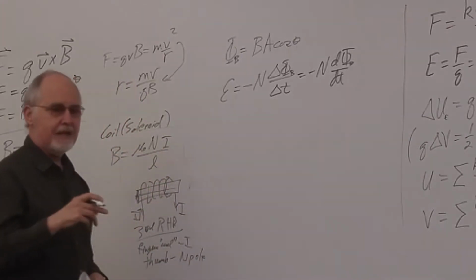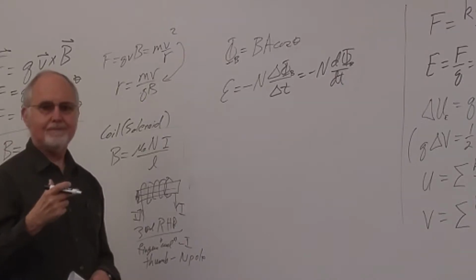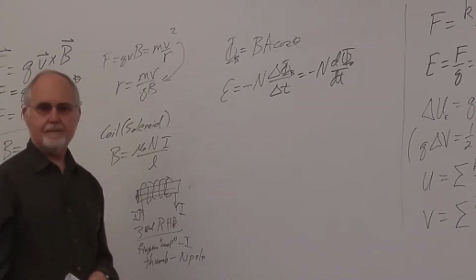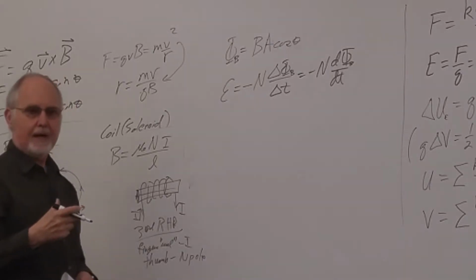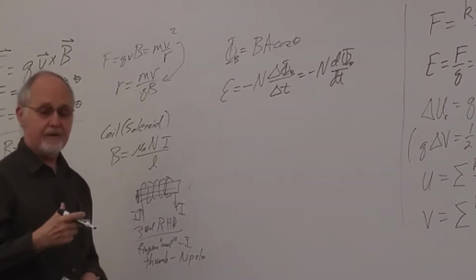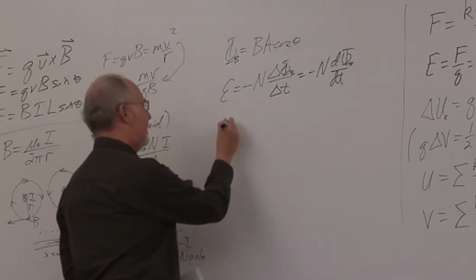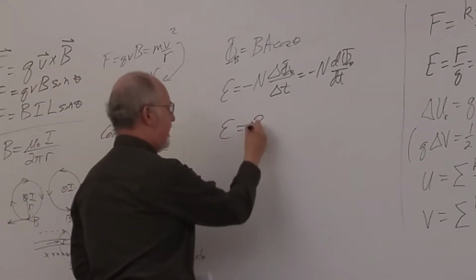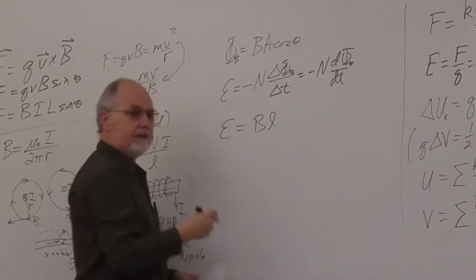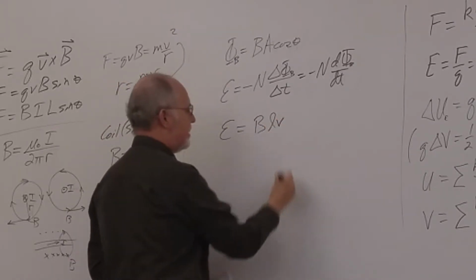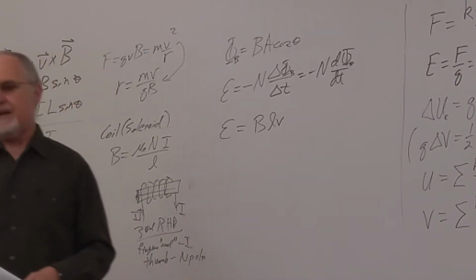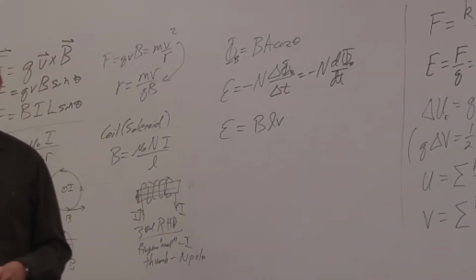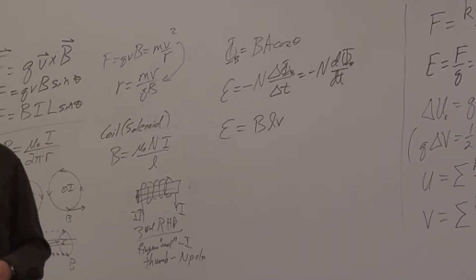If you've got just a length, not a loop of any sort, or multiple loops, but just a length of conducting wire or conducting material moving through a magnetic field, induced voltage would be the magnetic field times the length of whatever's moving times the speed. Like the airplane flying through the Earth's magnetic field, or that antenna on the truck as it moves through the Earth's magnetic field.